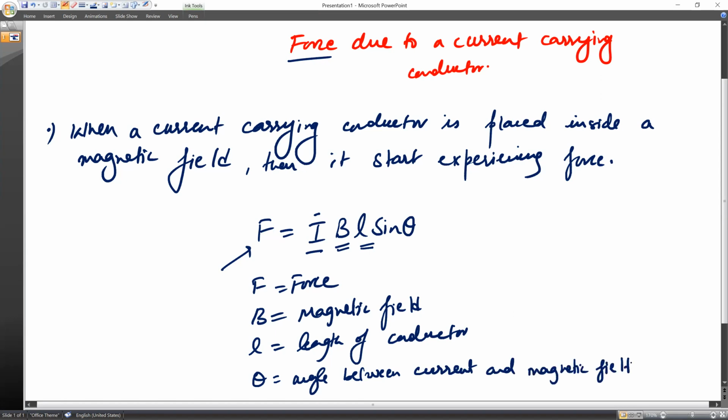You know very well that sin 0 is equal to 0 and sin 90 is 1.